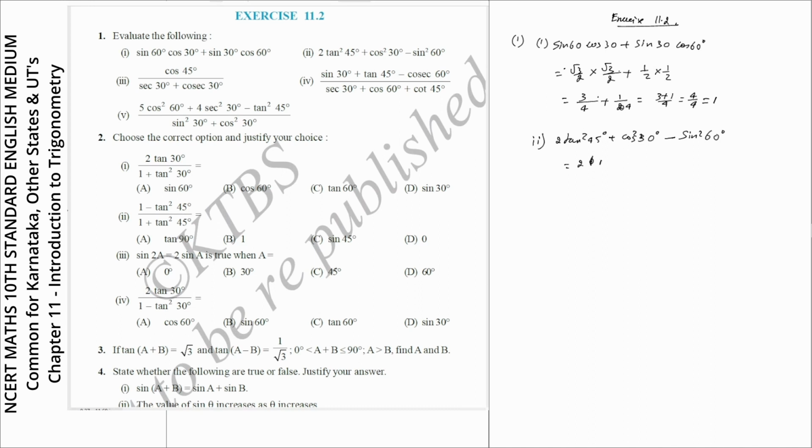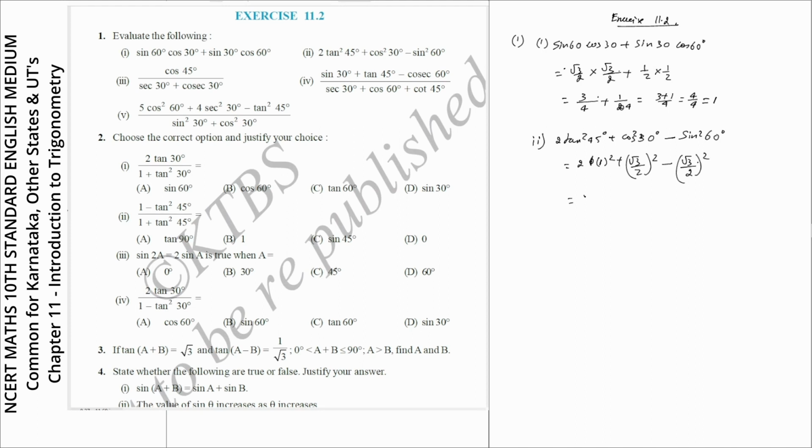Tan 45 is 1, so 2 into 1 square plus cos square 30, cos 30 is root 3 by 2, the whole square, minus sin square 60, sin 60 is root 3 by 2, so this square.